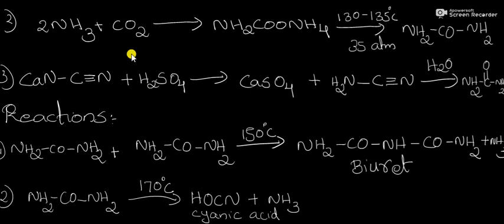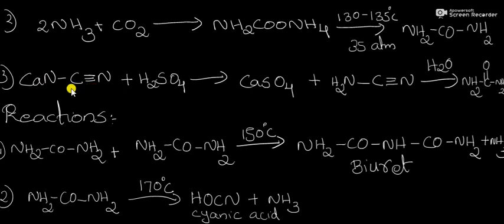Then the large scale method of preparation is by the ammonolysis of carbon dioxide in a silver lined special autoclave to get ammonium carbamate. This is the formula of ammonium carbamate, which is heated at 130 to 135 degrees Celsius under about 35 atmospheric pressure to get urea. Another large scale method of preparation is from calcium cyanamide.